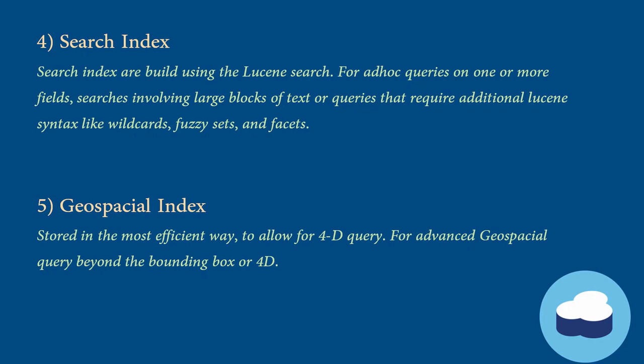You need to build a geospatial index in that case, which is stored in the most efficient way to allow for four-dimensional queries, for advanced geospatial queries beyond the bounding box or 4D. You can perform multi-dimensional queries far more than four-dimensional. The three dimensions could be length, breadth, height. The fourth dimension could be the quality or additional data, whatever you want to add.